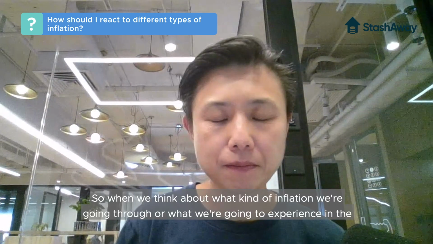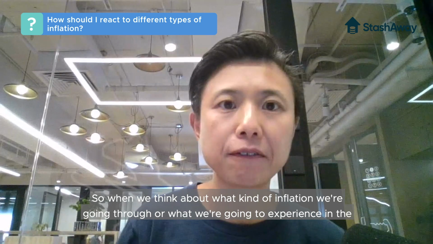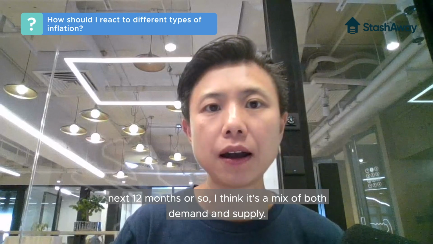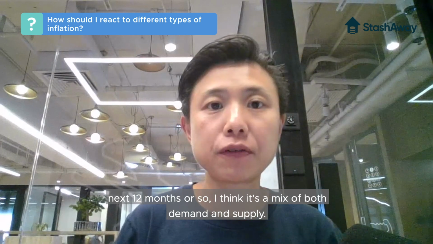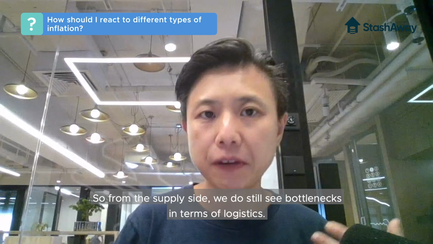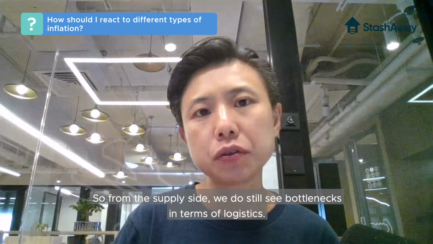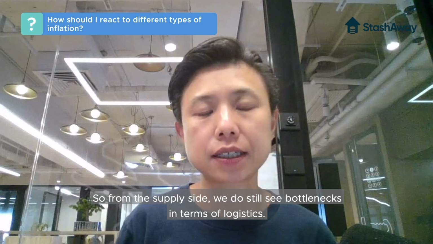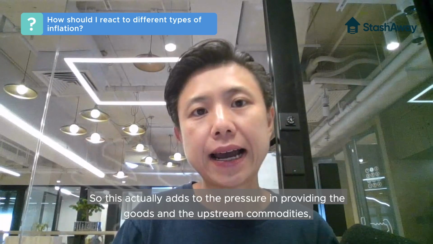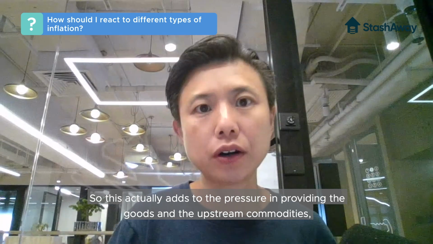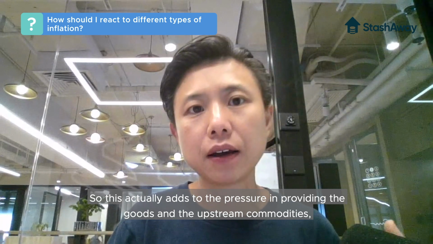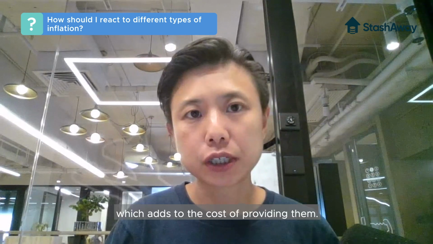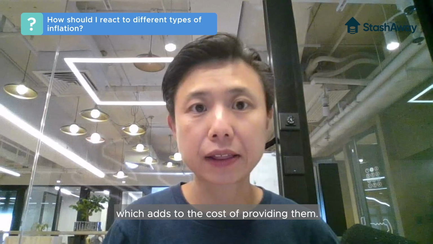So when we think about what kind of inflation we're going to experience in the next 12 months or so, I think it's a mix of both demand and supply. From the supply side, we still see bottlenecks in logistics. This adds to the pressure in providing goods and upstream commodities, which adds to the cost of providing them.